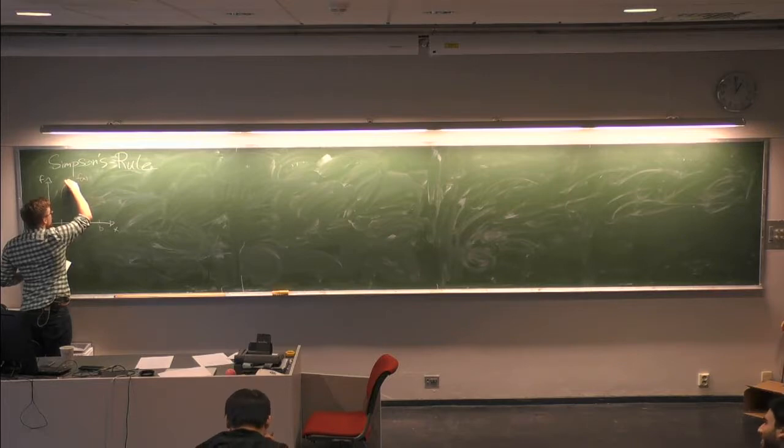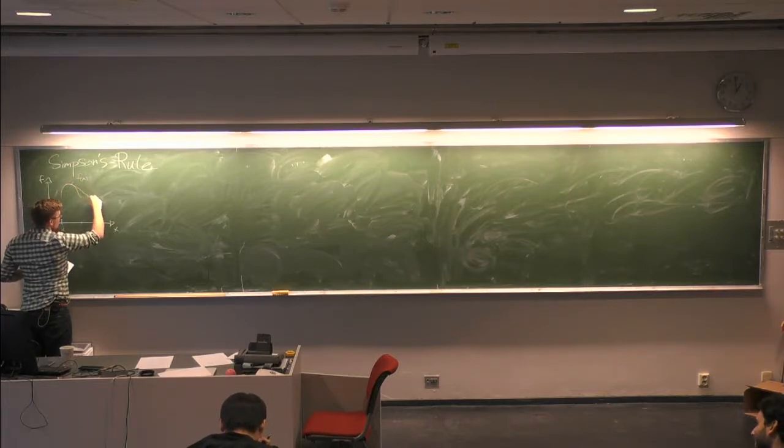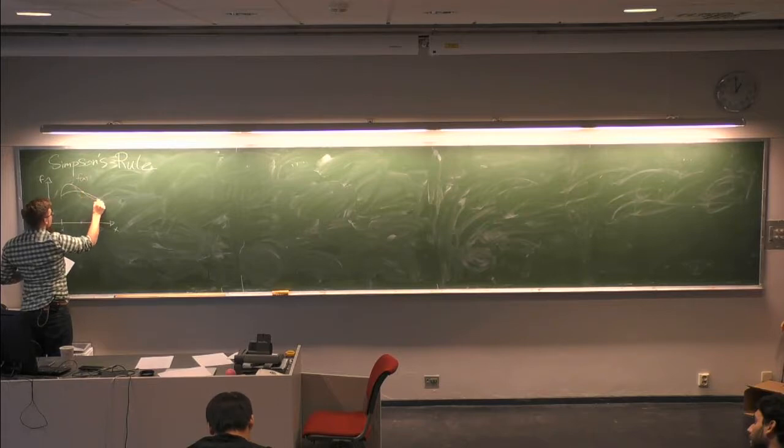Let's say that it goes there. Then instead of trapezoids, we will have parabolas in each of the intervals.